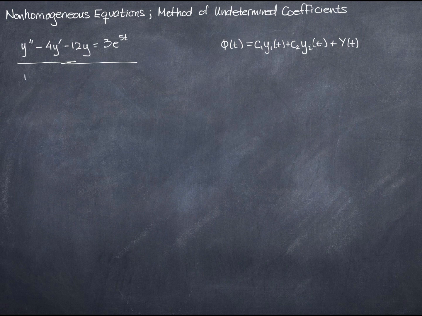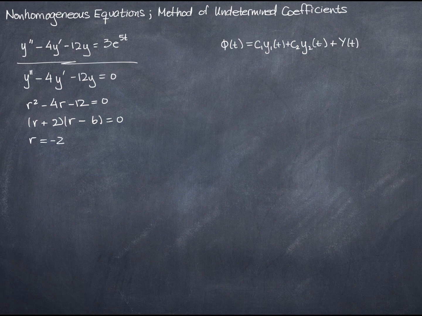Let's find solutions to y double prime minus 4y prime minus 12y equals 0. We can write the characteristic equation. I believe this will factor. Will this factor? Yes, 2 and 6. And we're going to need one to be positive and one to be negative. Since it's minus 4, we need to make the larger one negative... so we have r equals negative 2 and r equals 6.